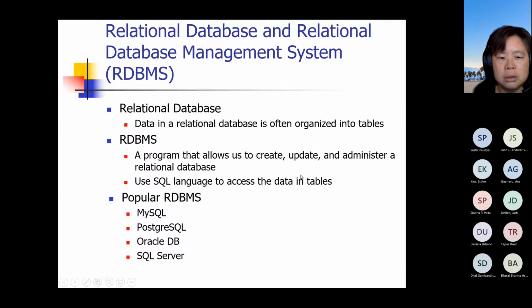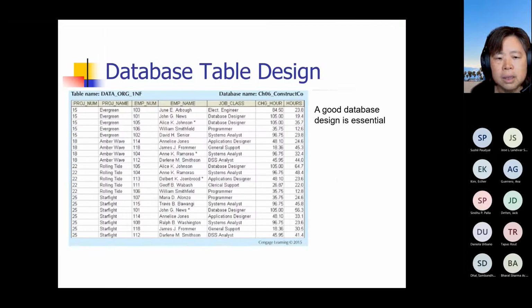But there's a question for a good design of a relational database or tables. We might ask, what are the attributes we should include? Should we put them together in one table? Should we separate them or not? This is a question we will ask when we design the table.